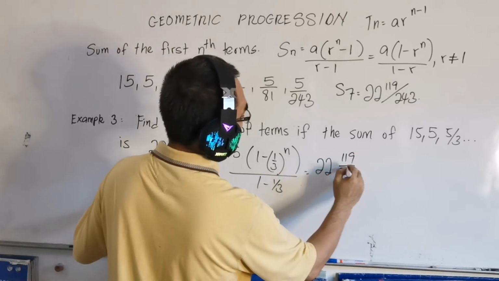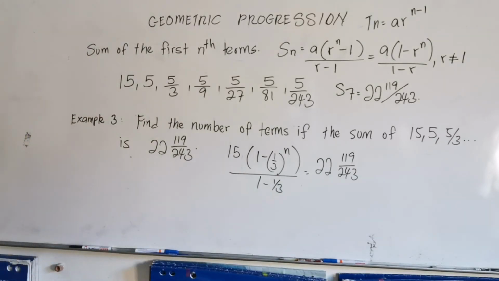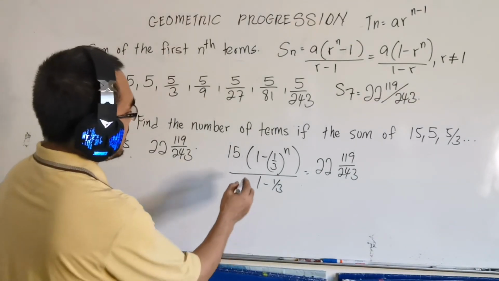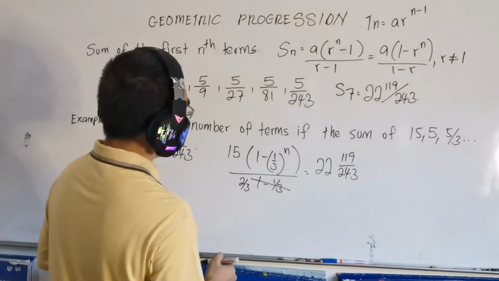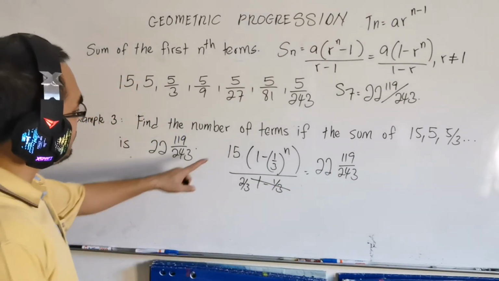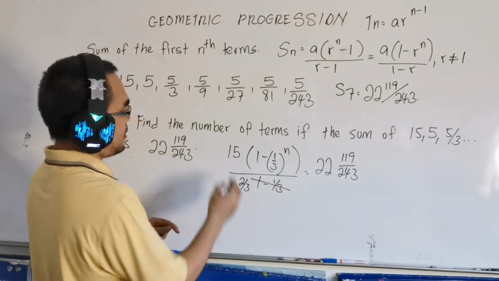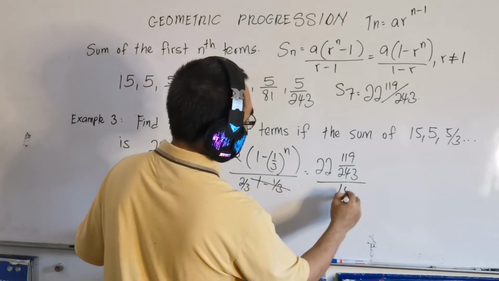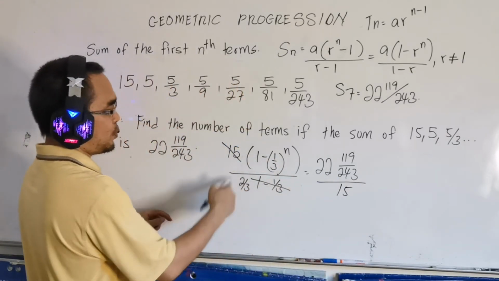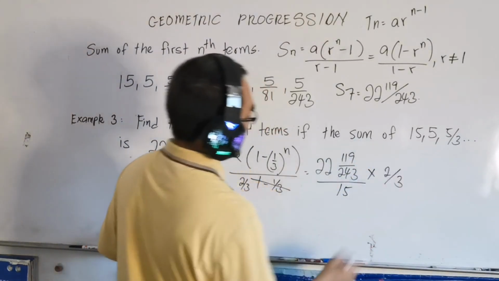equals 22.119 over 243. First, I'll simplify this to become 2 over 3, and then I'll move these two numbers to the other side. If you move that 15, it becomes divide by 15; you move that 2 over 3, it becomes times 2 over 3.